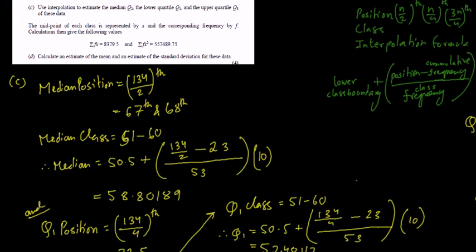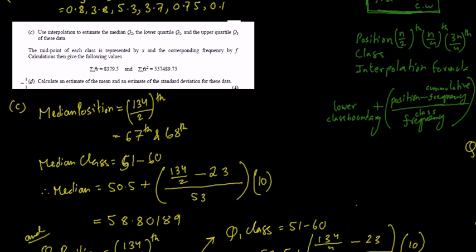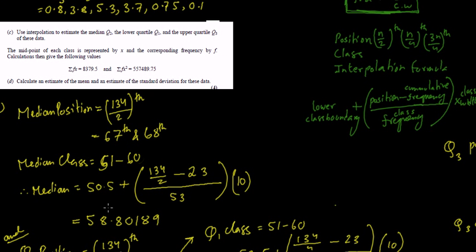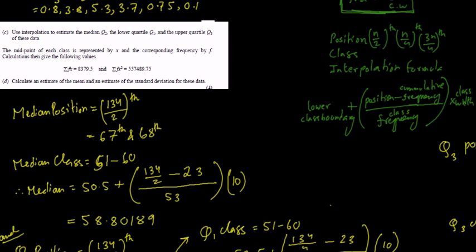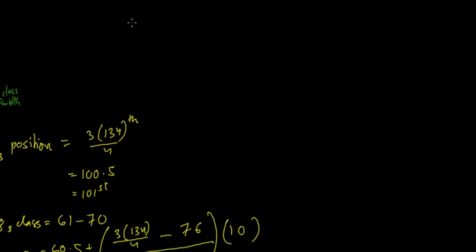The next question is question D. Now we have to calculate an estimate mean and estimate standard deviation, and they have already given us the estimates. Estimate mean: remember, when the data is grouped, we don't know any actual data, so we have to find the estimate.